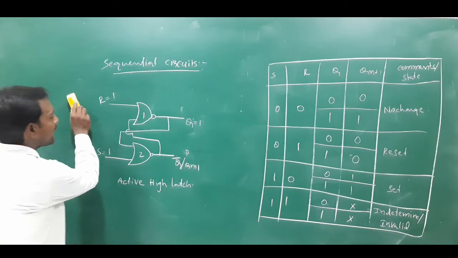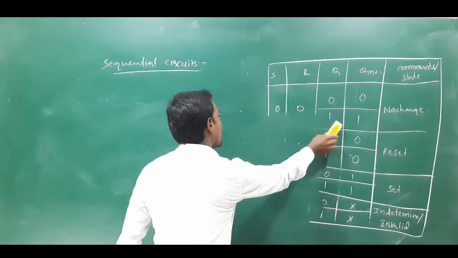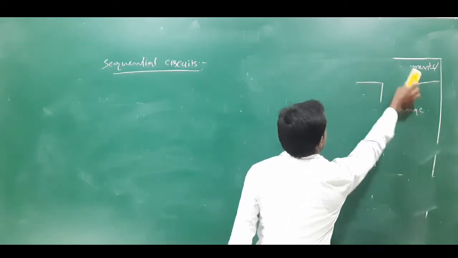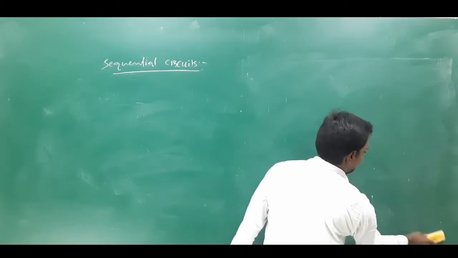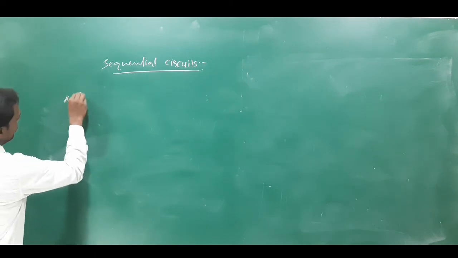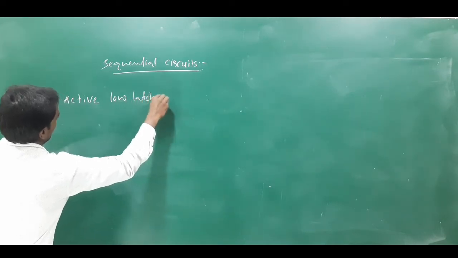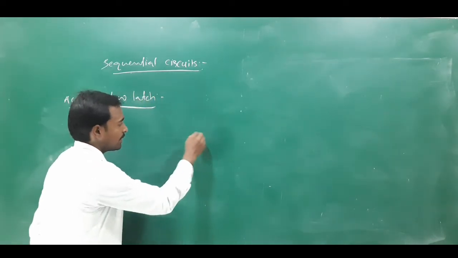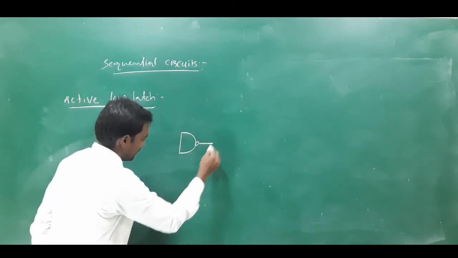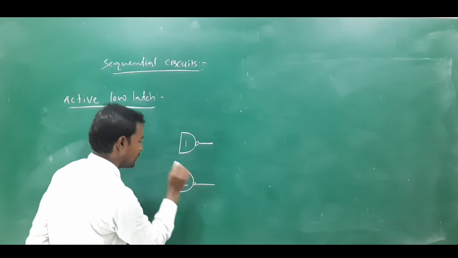And coming to the active low latch, for the active low latch, the cross-coupled connection uses two NAND gates, NAND gate 1 and NAND gate 2.